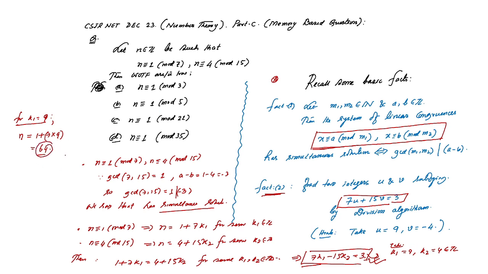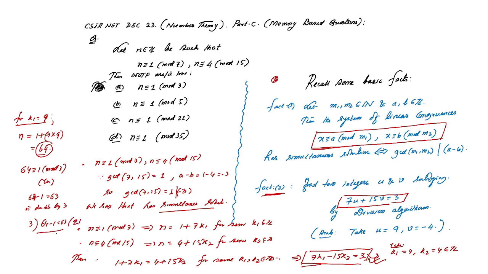Now check whether 64 is congruent to 1 mod 3 or not. Yes, this is true because 64 minus 1, that is 63, is divisible by 3.